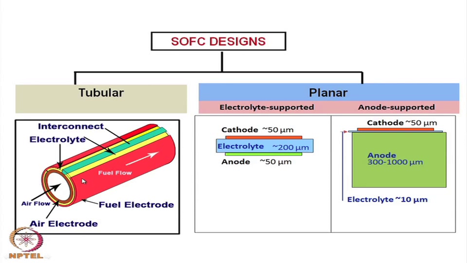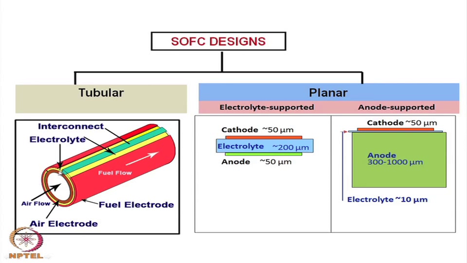So, this red one is actually the anode. Okay. So, this is the electrolyte, the inner layer is the cathode layer of strontium doped lanthanum manganite, or in short it is called LSM, and the red one outside is the anode or nickel zirconia cermet. So, that is how it has been made, and then the interconnect is here, the blue strip here is actually the interconnect.